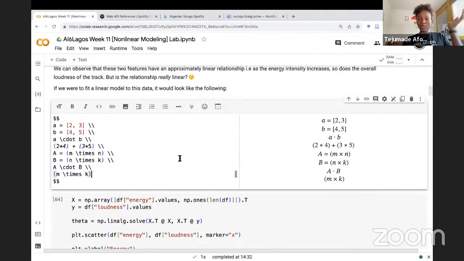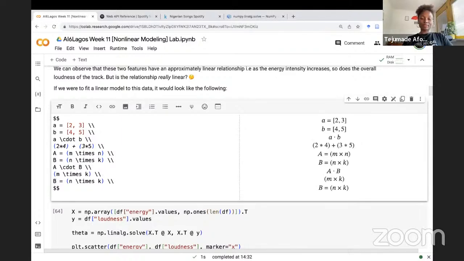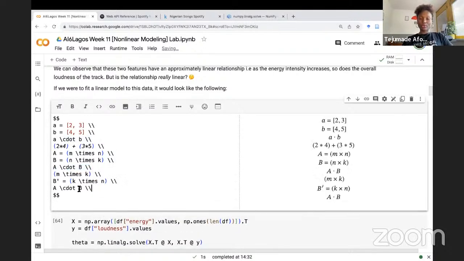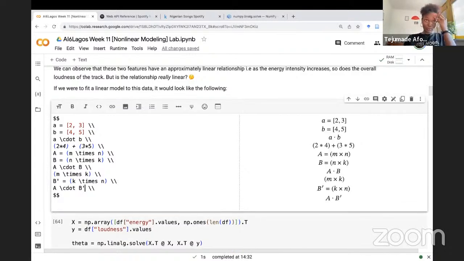But what happens if, instead of B being N by K, you have another B prime that is K by N? Can you do A dot B prime? Is this possible?